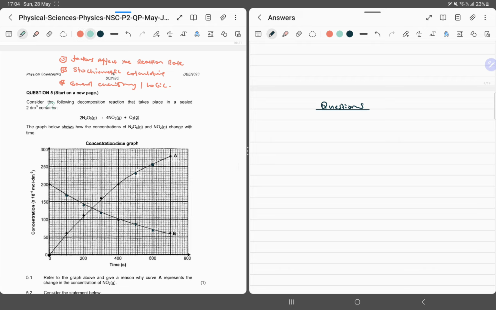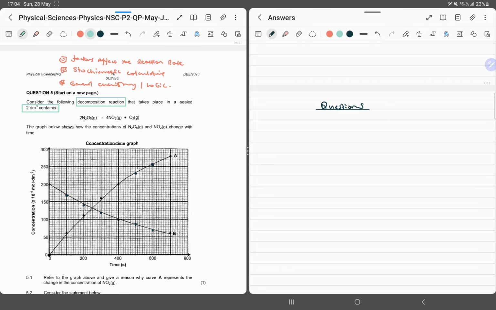Let's continue. It says consider the following decomposition. Okay. Reaction that takes place in a sealed 2 decimeter cubed container. So when you're given the volume, you're most probably going to need to use it.